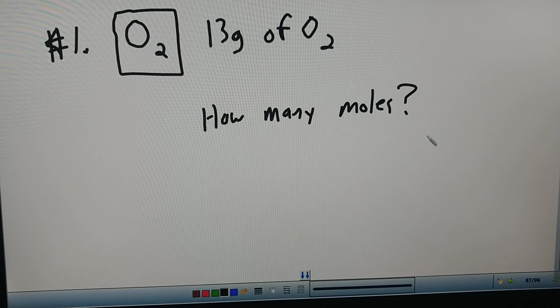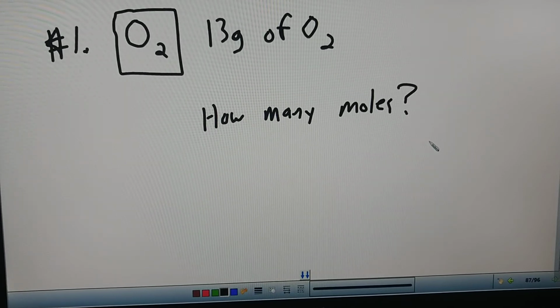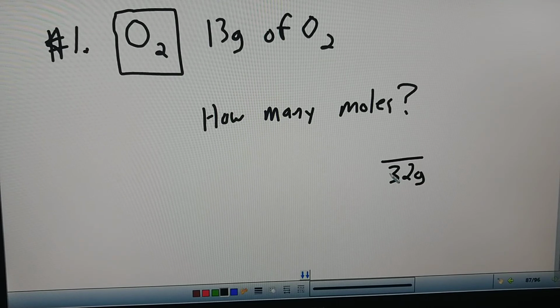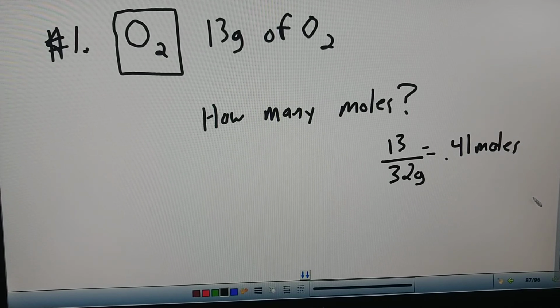Okay, now here's the answer. Oxygen, O2, would have a weight of 32 grams per mole. So 13 divided by 32 means you have 0.41 moles. All right? Good job.